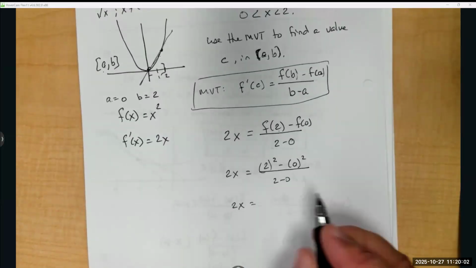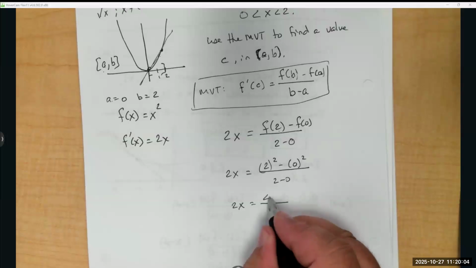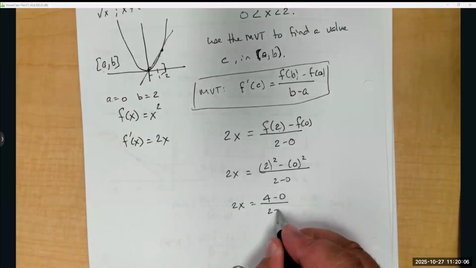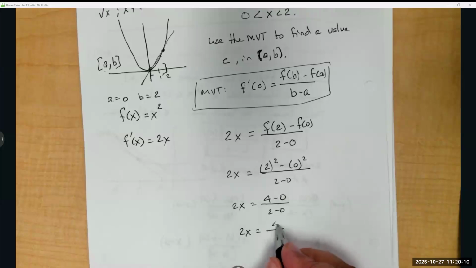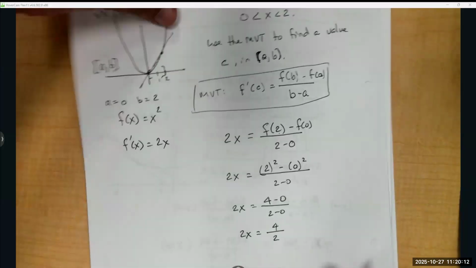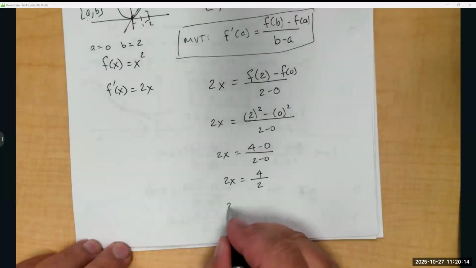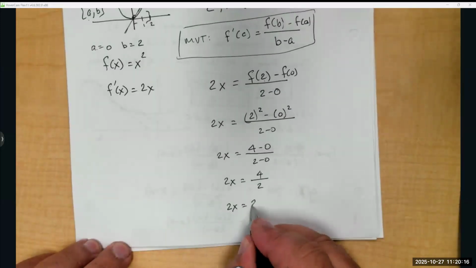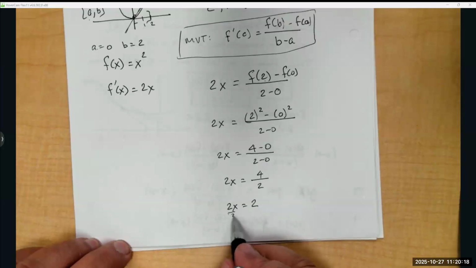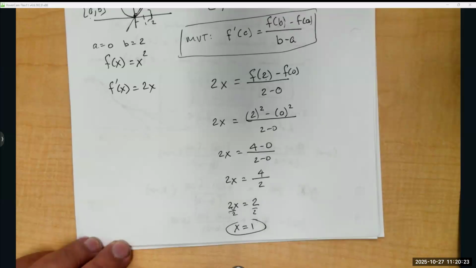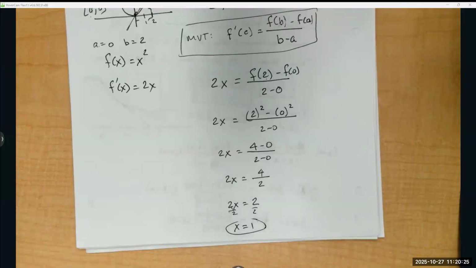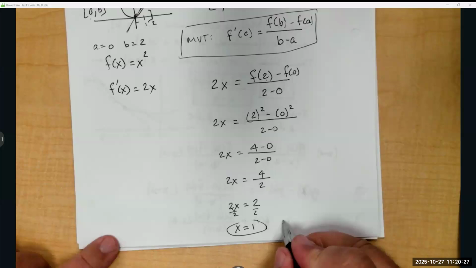So 2x is equal to 4 minus 0 over 2 minus 0, which is 4 over 2. And solving for x, this is our value c.